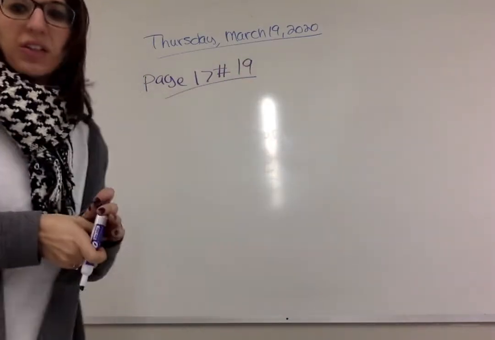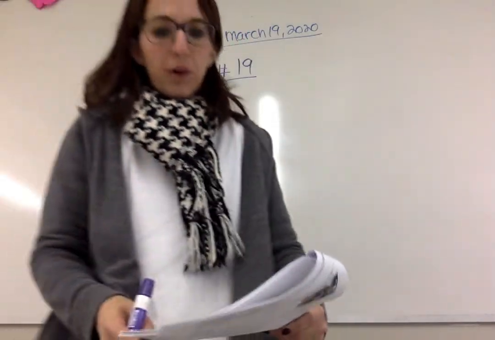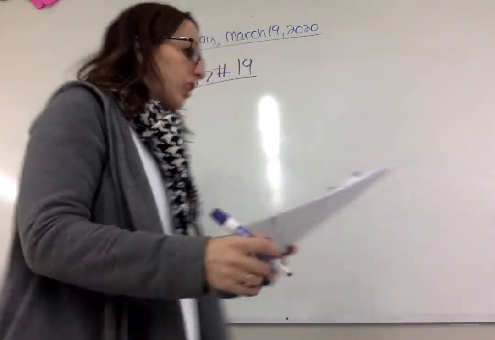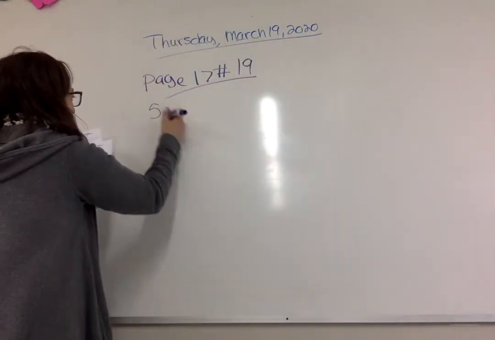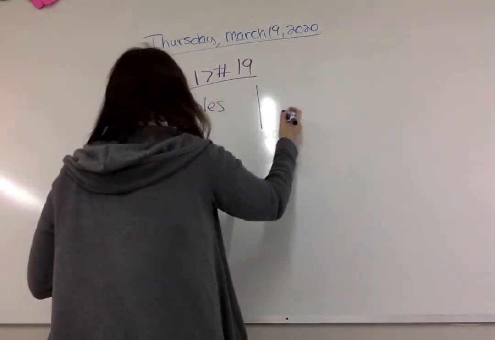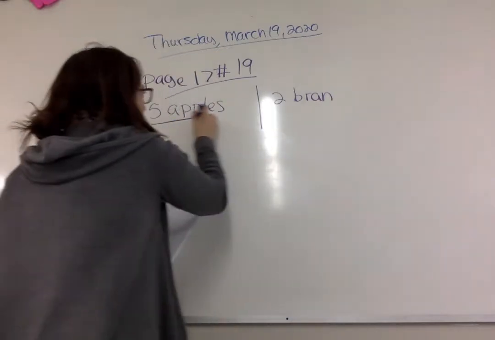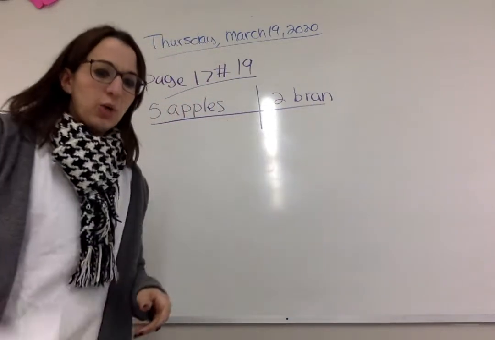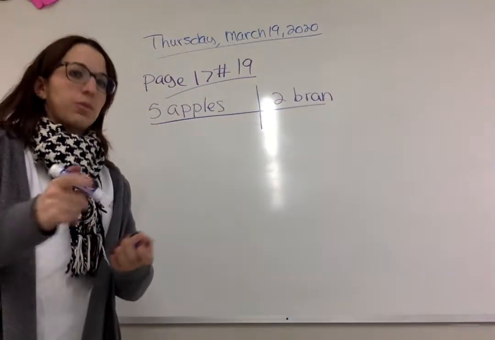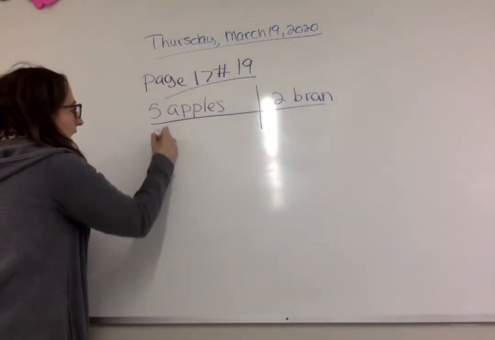This question asks: a bakery sells 5 apple muffins for every 2 bran muffins. Which table shows that ratio? So I know that I have 5 apple for 2 bran muffins. I need to figure out equivalent or equal ratios. If I double 5, I get 10.